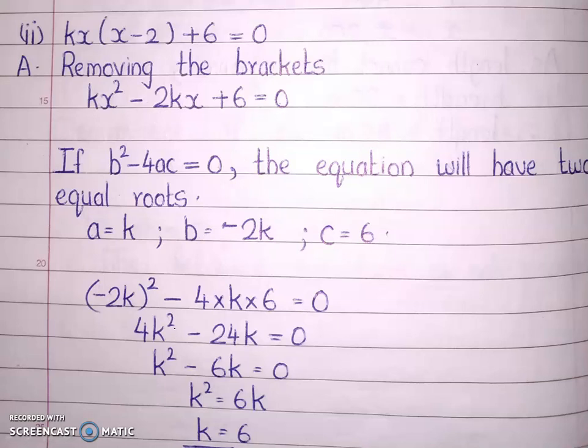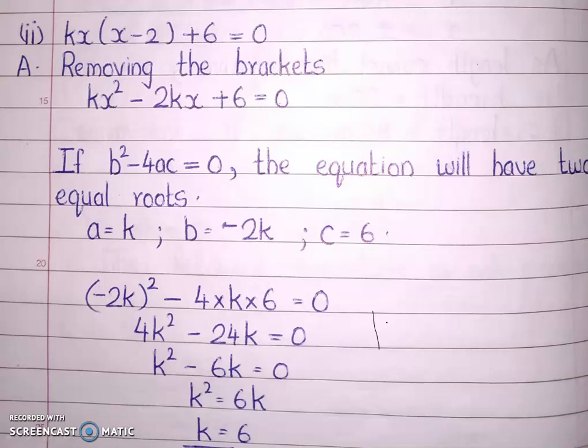Now substituting the values in b square minus 4ac equal to 0, you will get 4k square minus 24k equal to 0. Here you can see the coefficients are 4 and 24. 4 is a common term, so I cancelled it. So dividing it by 4, I got k square minus 6k equal to 0. Taking minus 6k to the other side, it becomes positive. K square equal to 6k. 1k and 1k get cancelled.